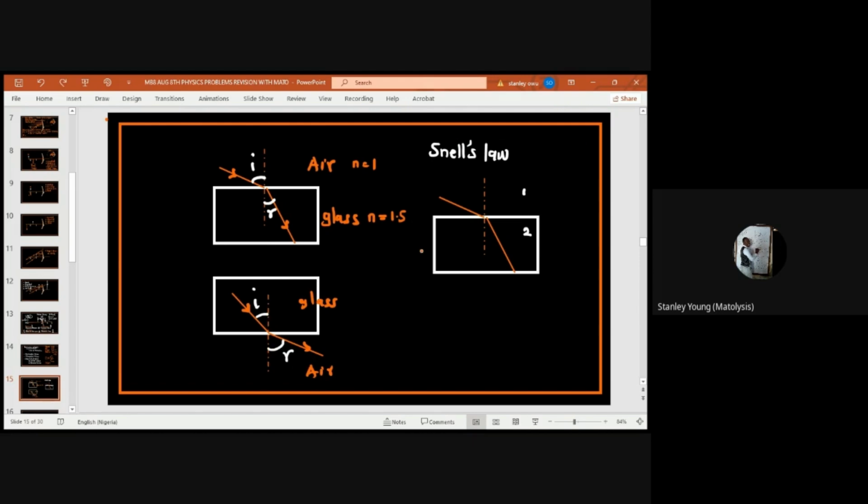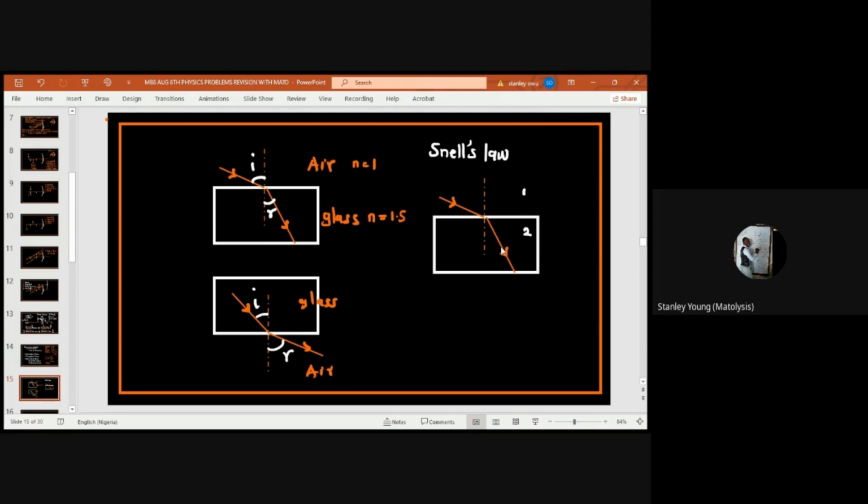So what are the things you need to know here? You need to know what they call Snell's law. Before Snell's law, this line you see here is the line of incidence, right? Let's put the arrow. And this line at the other side is called the line of refraction.